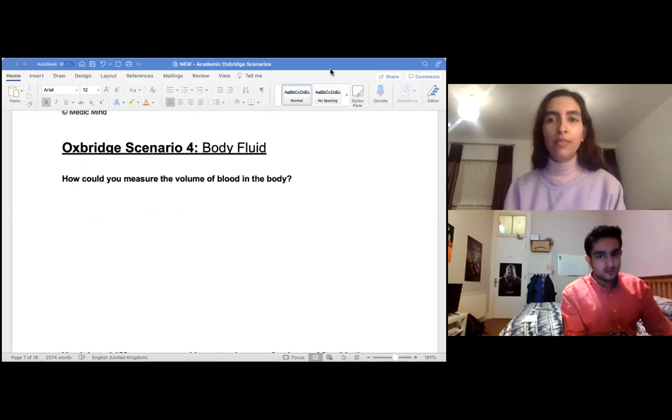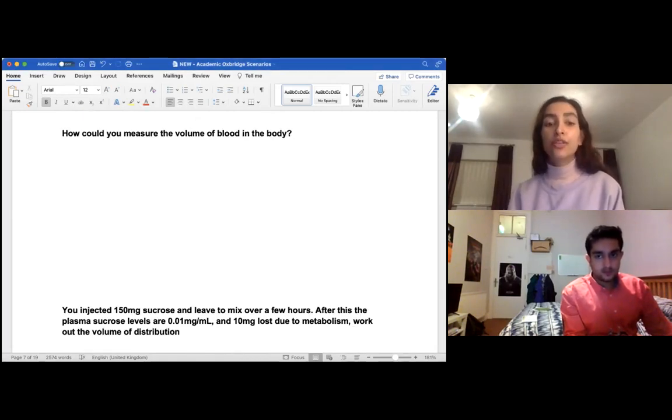Okay, moving on to the next question. You injected 150 milligrams of sucrose and leave to mix over a few hours. After this, the plasma sucrose levels are 0.01 milligrams per milliliter and 10 milligrams are lost due to metabolism.